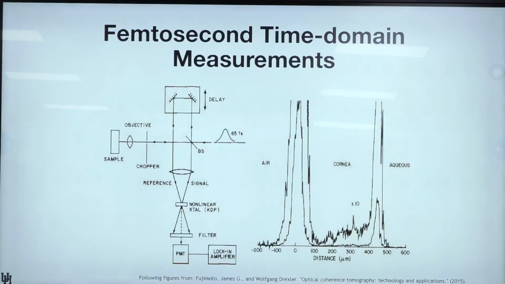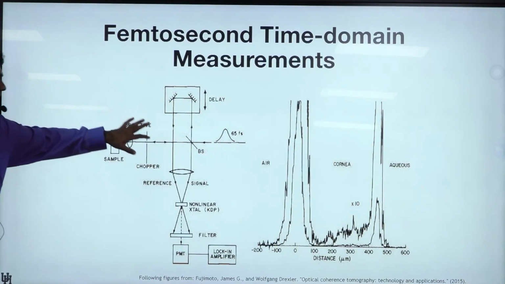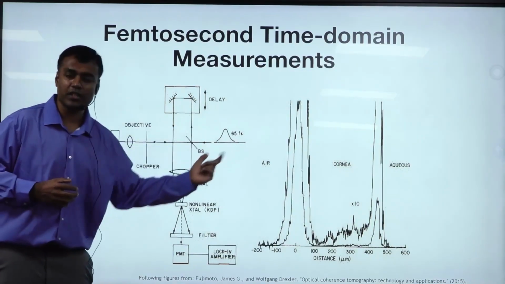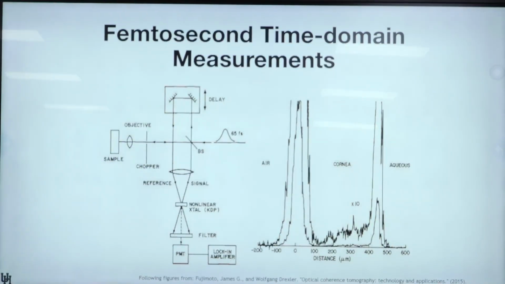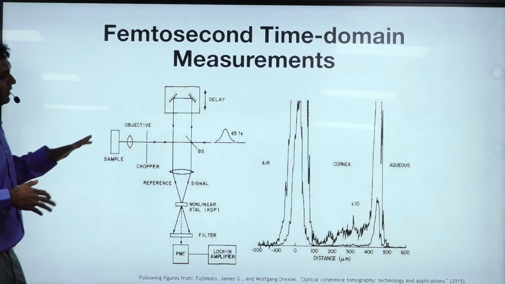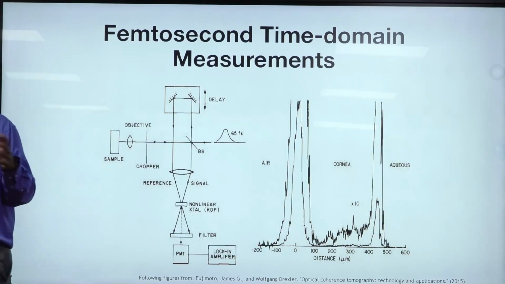Later, people figured out this requires complicated optics. A femtosecond laser, for example, is a very hard thing to work with. You can still buy lasers of this sort. These are very short pulse lasers, and they are very expensive, five or ten crores, so it's not practical to do this in an everyday hospital or any kind of setting.